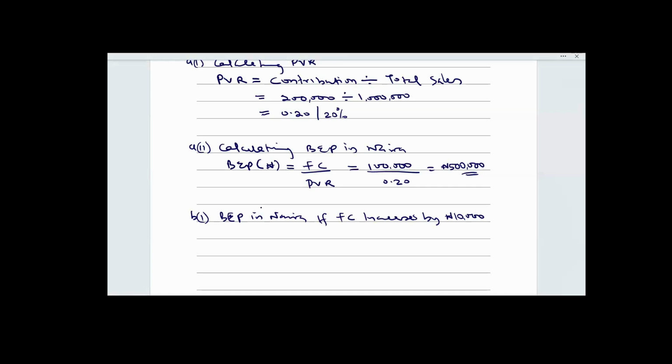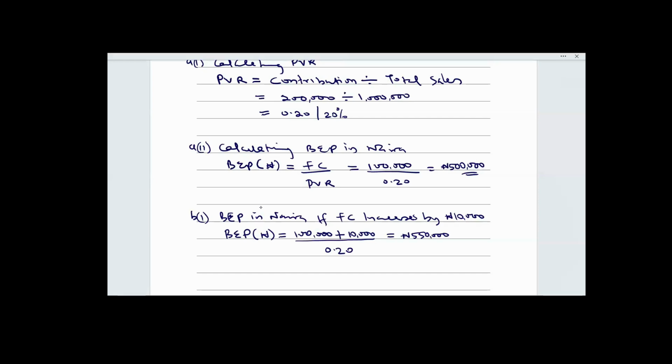So if that is the case, then my break-even point in naira will be equal to the revised fixed cost. The revised fixed cost will now be 100,000 naira plus the new 10,000 naira increase, then divide by the PVR of 0.20. So this should give me 550,000 naira. When you divide 110 by 0.2, you should have 550,000.